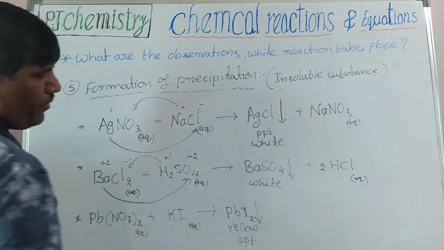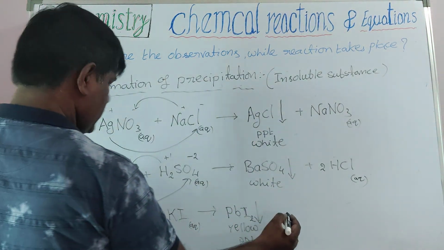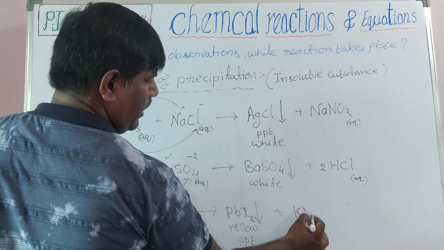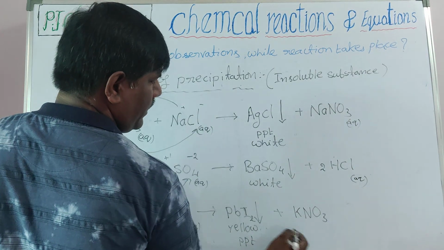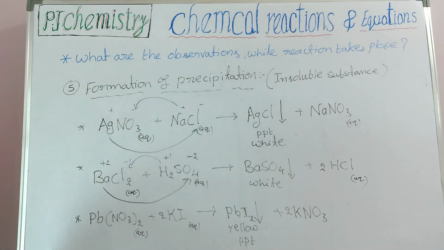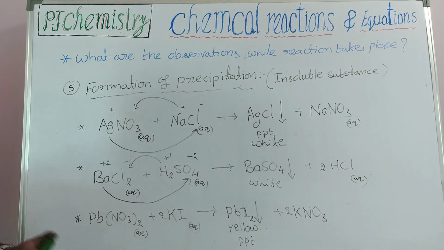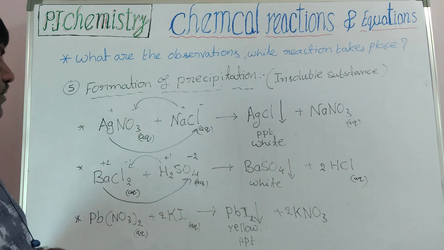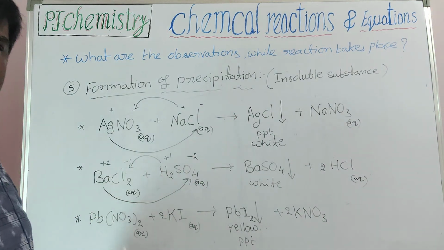PbI2 plus KNO3, potassium nitrate. These are the best examples for precipitation. Okay. Thank you, children.